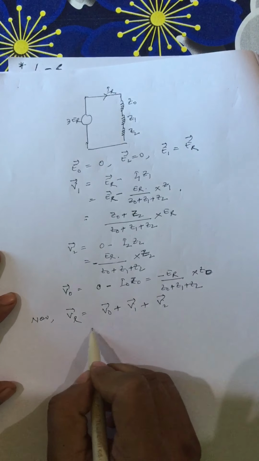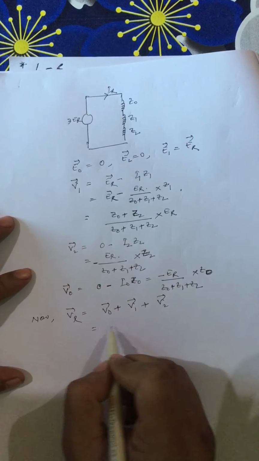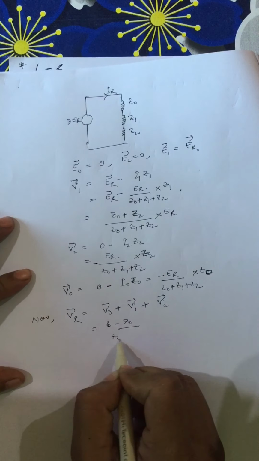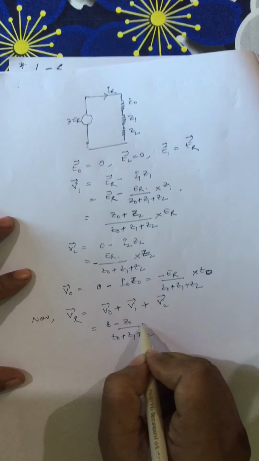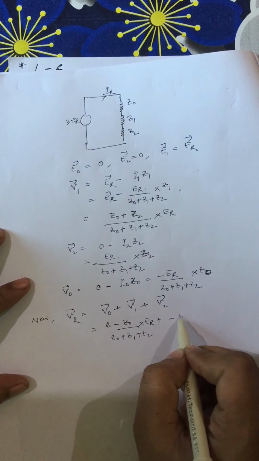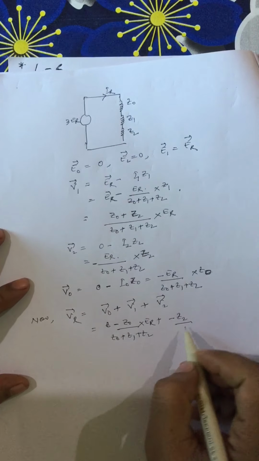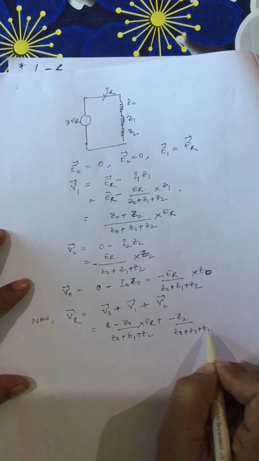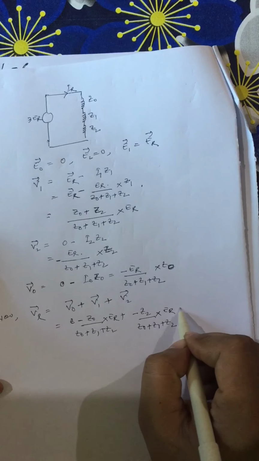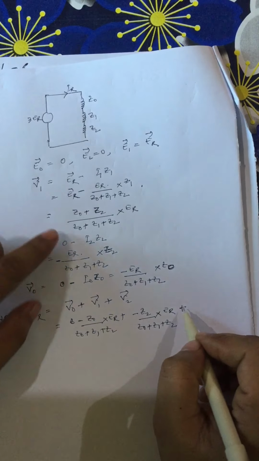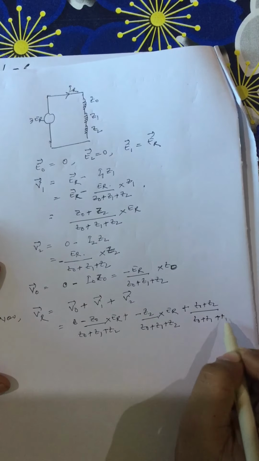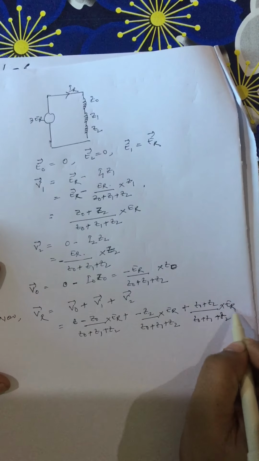If we sum all these, V0 is minus Z0 divided by Z0 plus Z1 plus Z2 into ER, and V2 is minus Z2 divided by Z0 plus Z1 plus Z2 into ER, and V1 is Z0 plus Z2 divided by Z0 plus Z1 plus Z2 into ER.